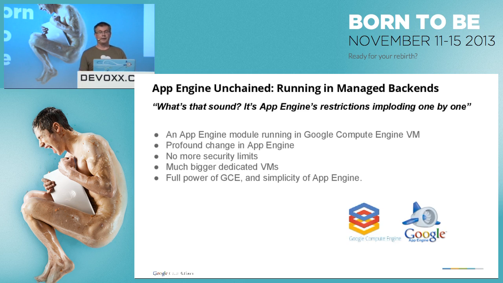So this is what we are doing with what we now call VM-based, VM-managed backends. And it's really changing how you, as a customer of AppEngine, will do things in the future. So basically, a VM-based backend is just an AppEngine module, or N of them, in your AppEngine application.